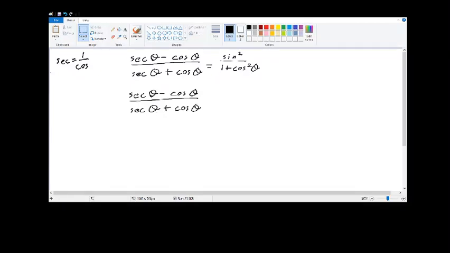So in this case then, the first secant becomes 1 over cosine. And we are adding cosine.